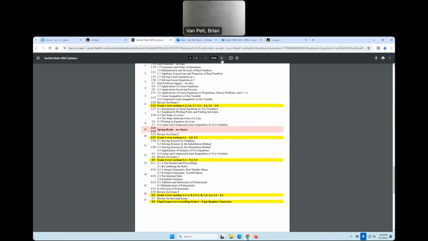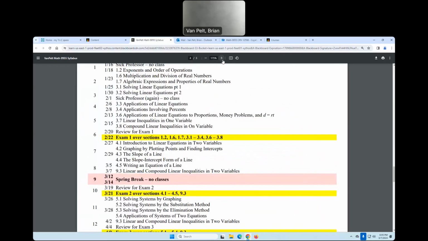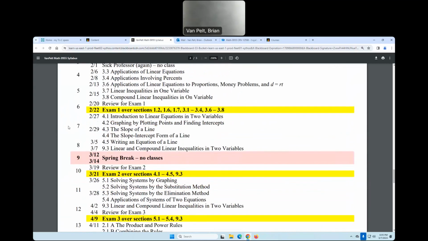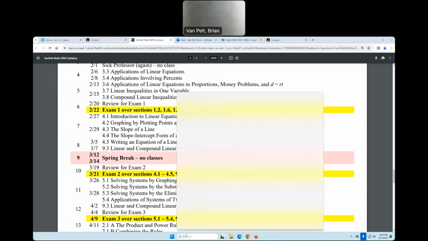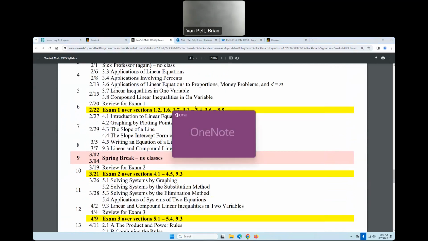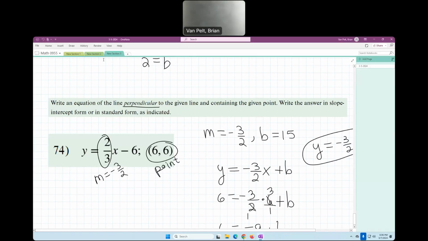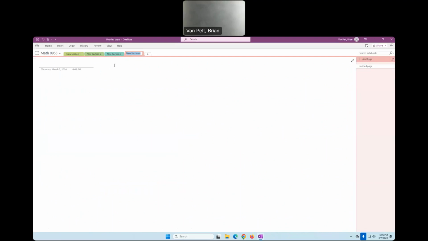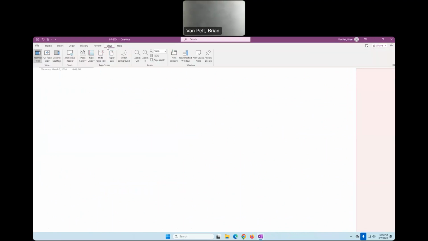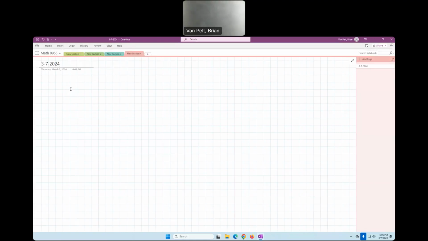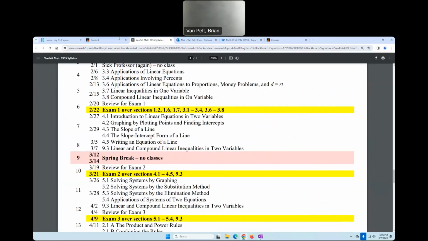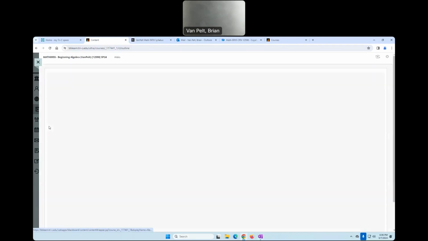All right, I need compound inequalities. Did I actually go into Blackboard yet? No, I'm not in there yet. Outlines.